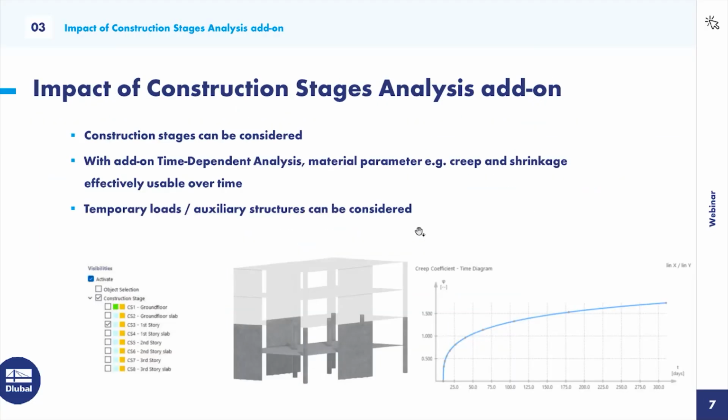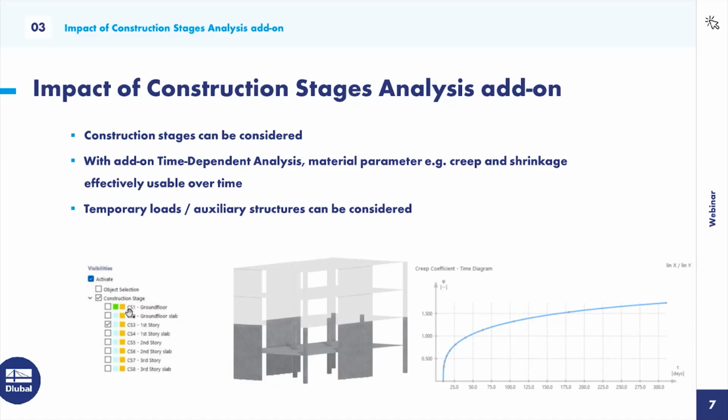Okay, now about the impact of our construction stages analysis. It's more nice to know. I only want to show you the options you have with our add-on. And yeah, here it is possible to consider construction stages.